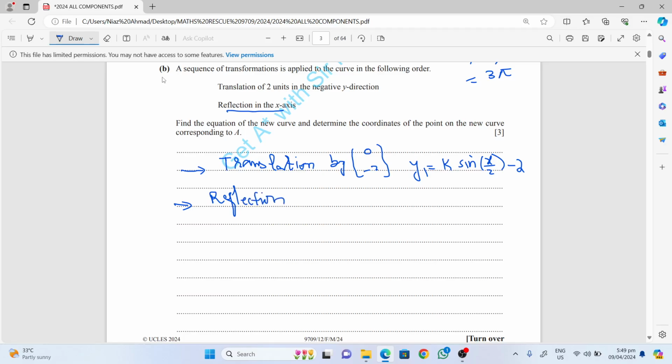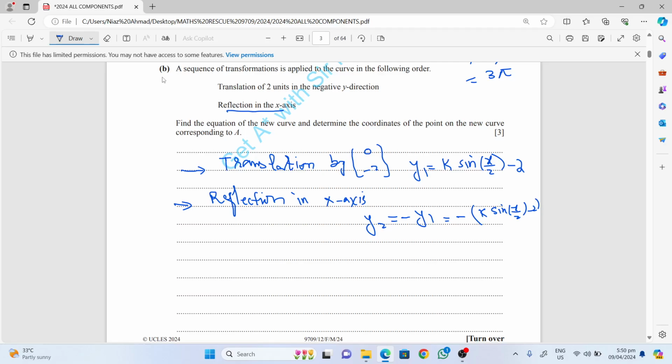This is reflection in x-axis. So my second transformation y2 equals negative y1, and this is negative k sine x by 2 minus 2.